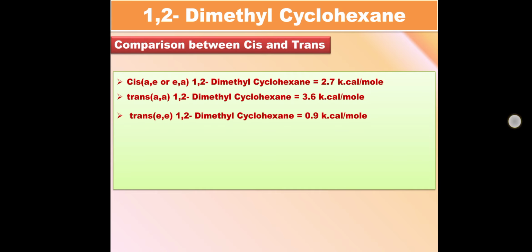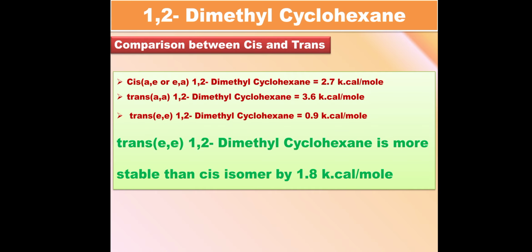So trans diequatorial 1,2 dimethyl cyclohexane is more stable than the cis isomer by 1.8 kilocalorie per mole. This is the conclusion of the relative stability of cis and trans 1,2 dimethyl cyclohexane.